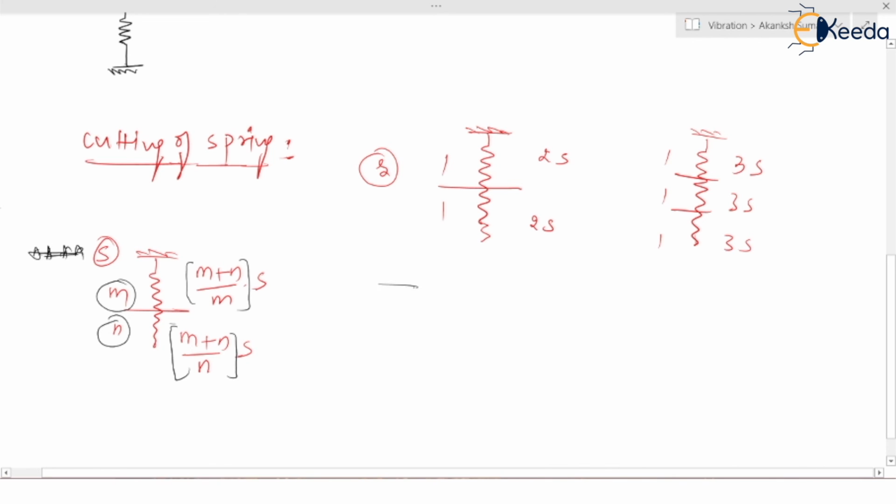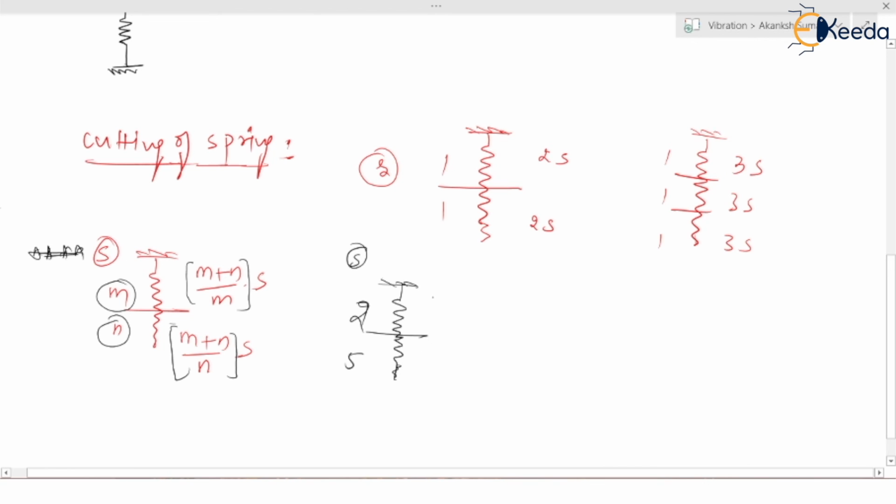Similarly, now I'm going to put in numerical values. I'm cutting the spring in 2:5 ratio, and the spring stiffness is s. What would be the new spring constant for each spring separately? Because we have cut it, there will be two springs.